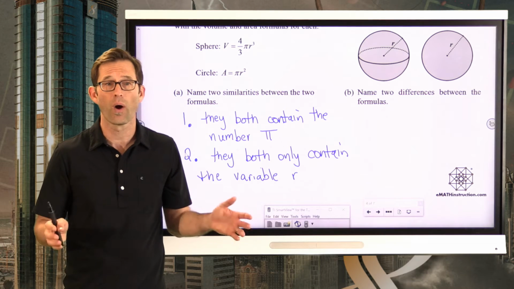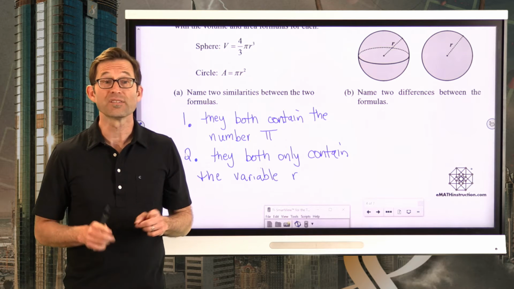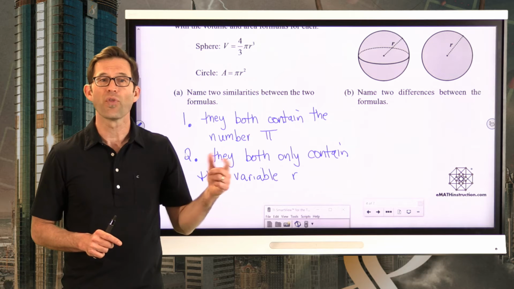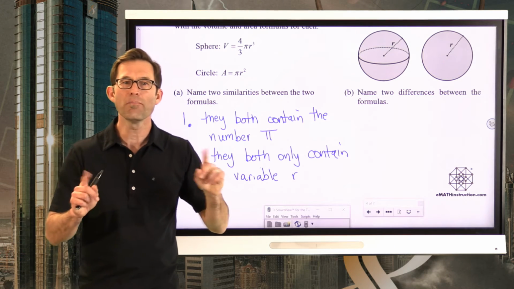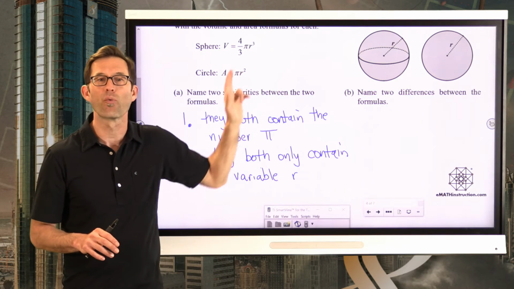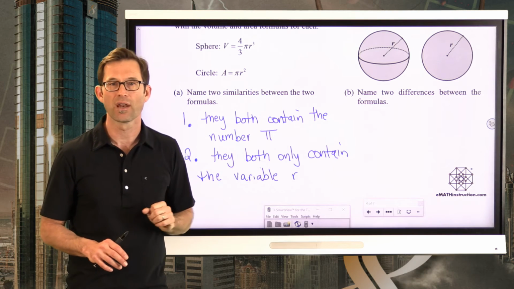That has 3 different quantities in it, length, width, and height. Or the volume formula for a cylinder, pi times r squared times h. That involves both r and h. But a sphere and a circle only depend, the only thing that changes in them is the value of the radius, right? So they both contain a pi and they both contain an r.